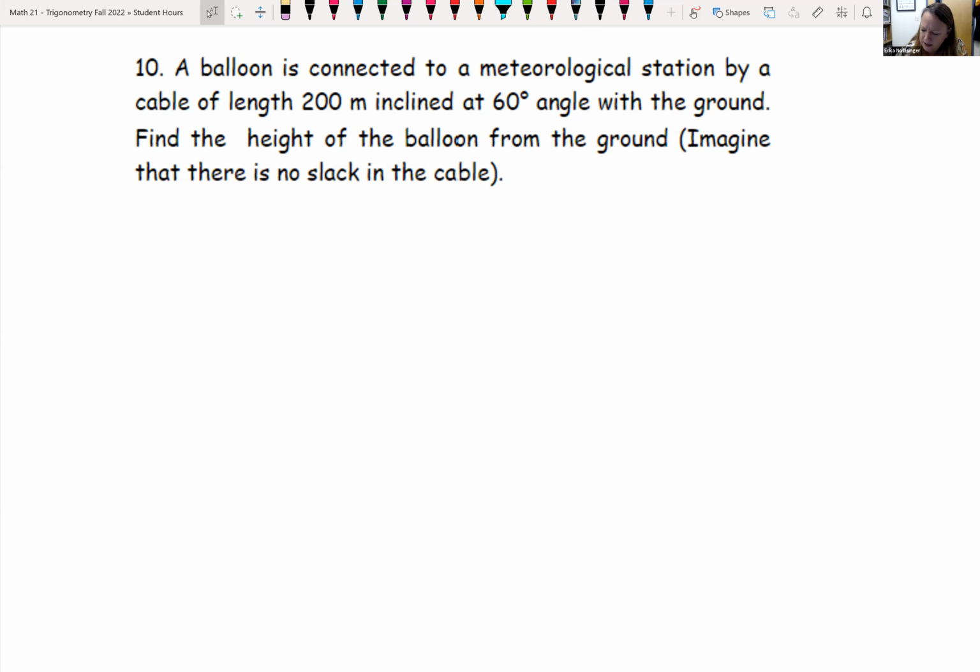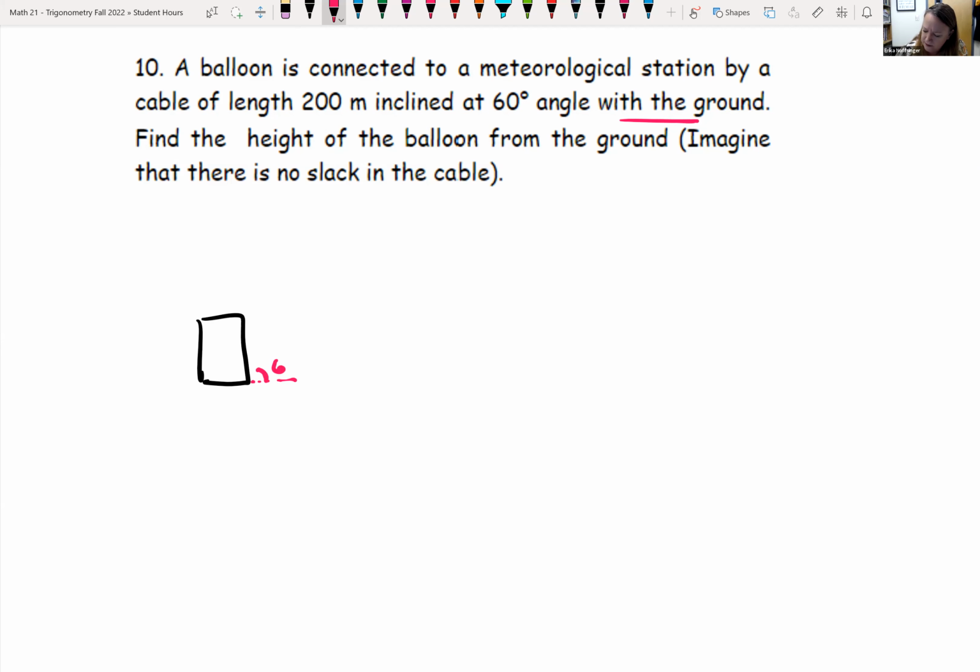Okay, so we have some station. We have some balloon, and it's attached from the base with the ground.